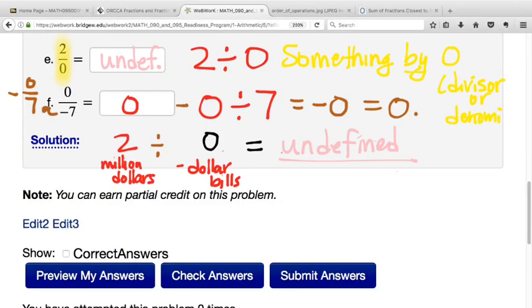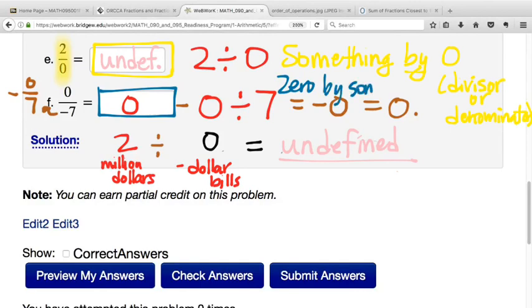Whether it's the divisor, whether it's the denominator, dividing by 0 will give us an undefined result. And then, as you were saying, if 0 is playing the opposite role, so in this example, 0 by something, that's going to give us 0.